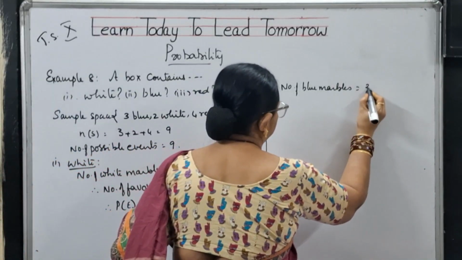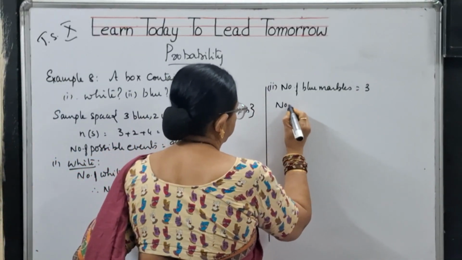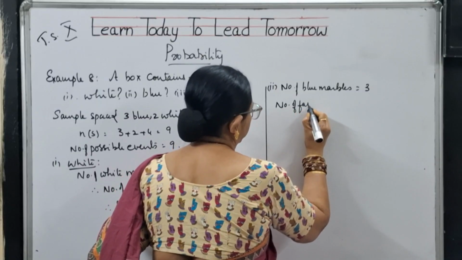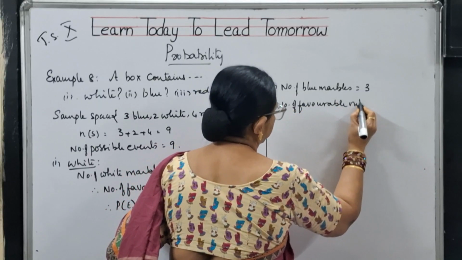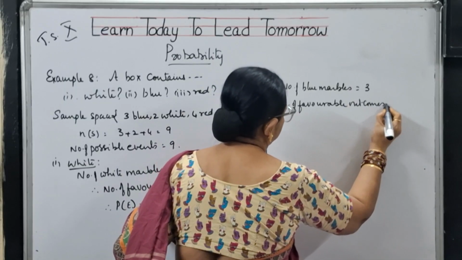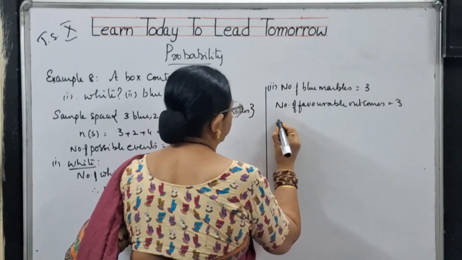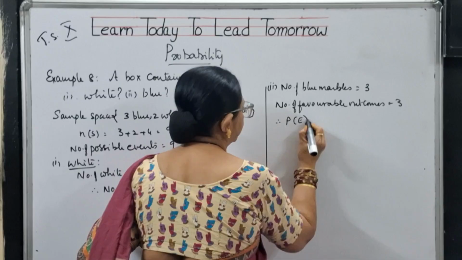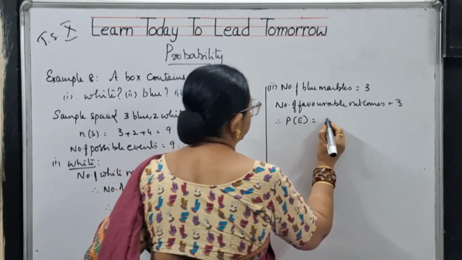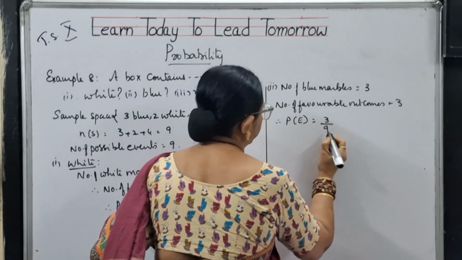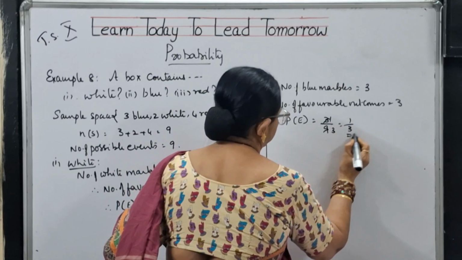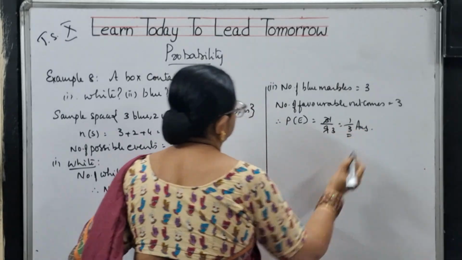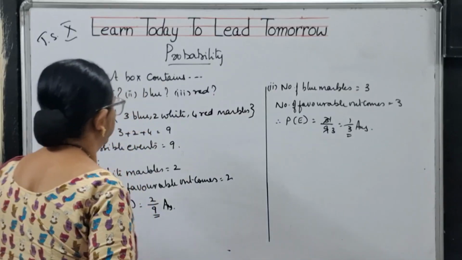So number of favorable outcomes are 3. Therefore, probability of this event, that is getting blue marbles, is nothing but 3 by 9, 1 by 3. 3 ones are 3, 3 threes are 9, so 1 by 3 is the answer for blue marbles.